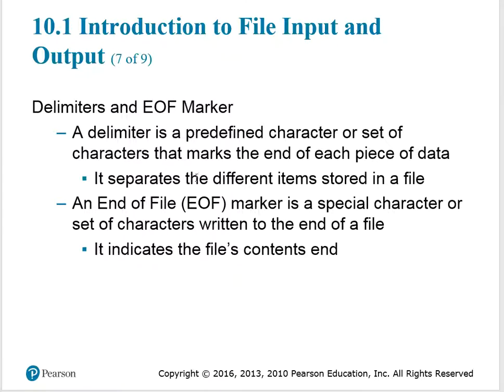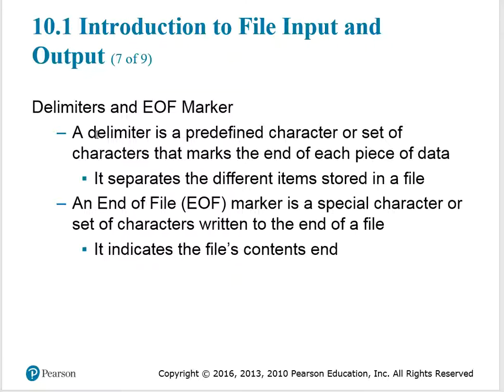Now, when we talk about files in general, there will be delimiters that you would encounter. For this chapter, we're looking at delimiters and the EOF marker. What are those? Delimiters are a set of characters that mark the end of each piece of data.